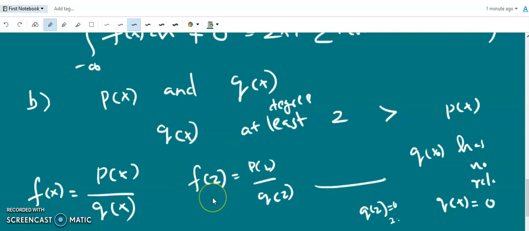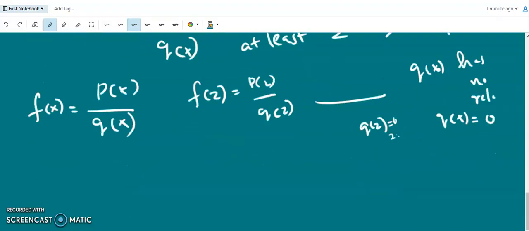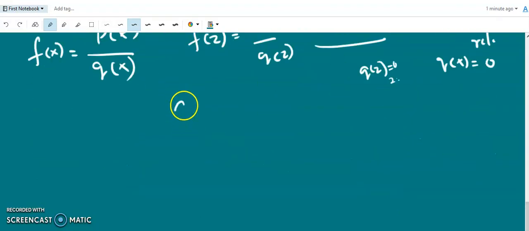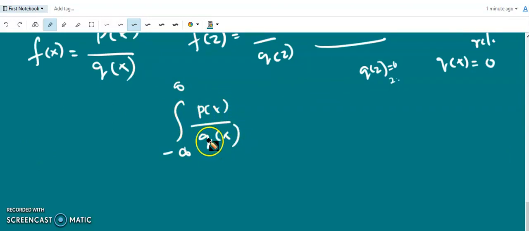Okay, so then this function f of x satisfies all the conditions listed above, and here also we can select a semicircular contour to evaluate integrals of the form integral minus infinity to plus infinity p of x by q of x, provided q of x has a degree at least 2 greater than p of x.